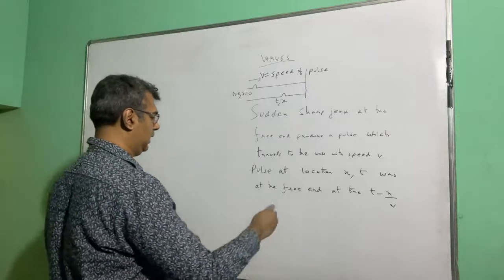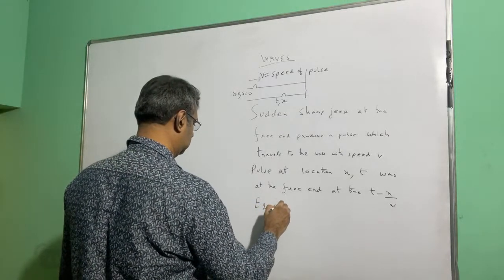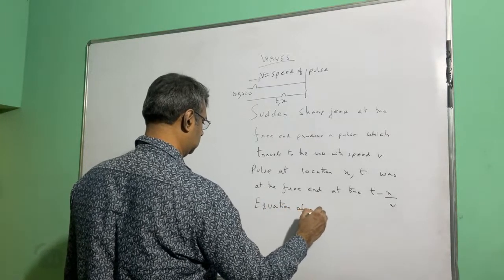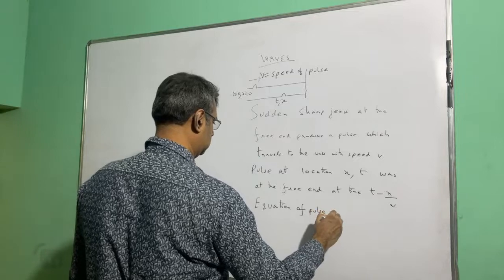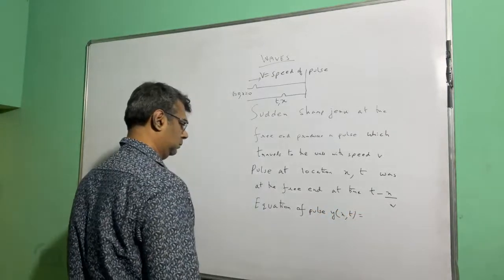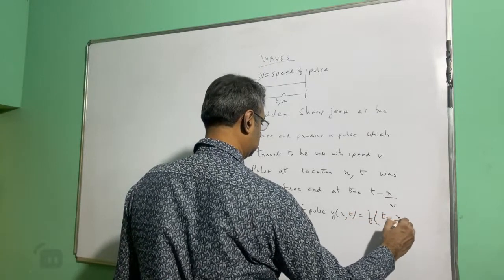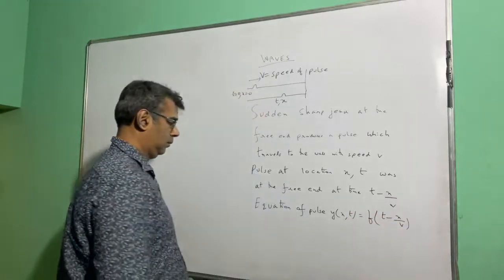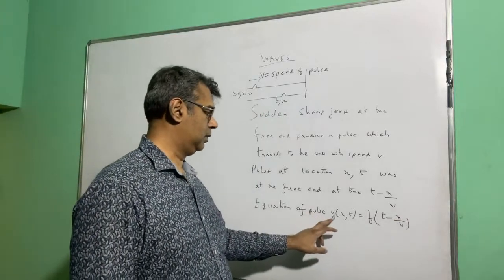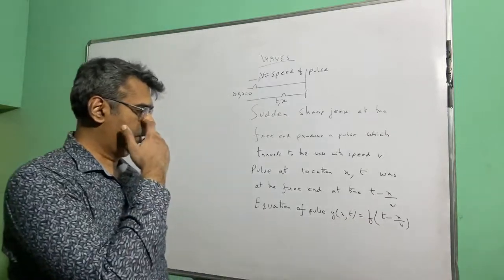So we can say that the equation of the pulse, y(x, t), is f of t minus x by v.